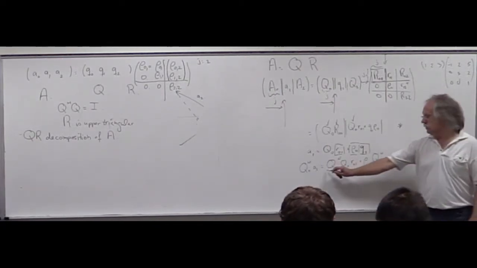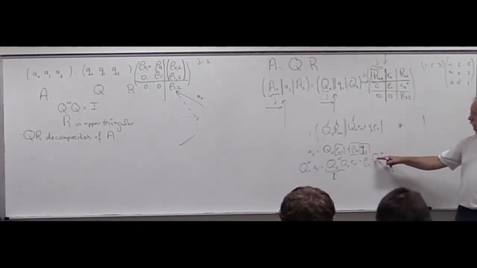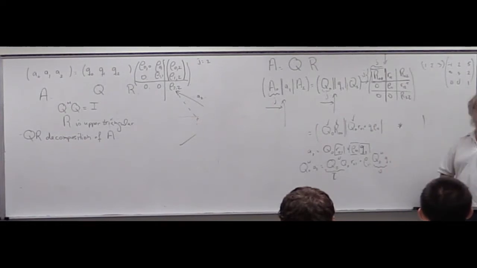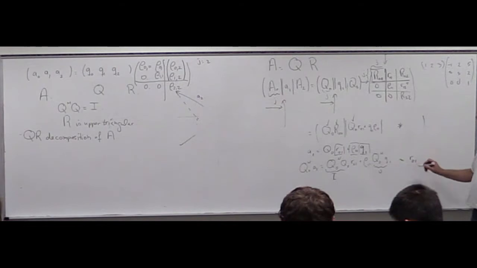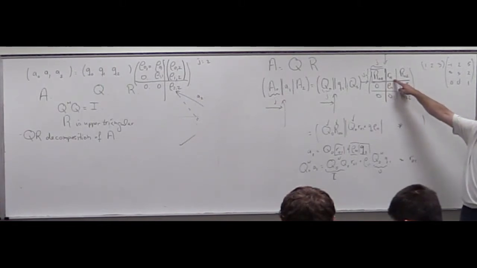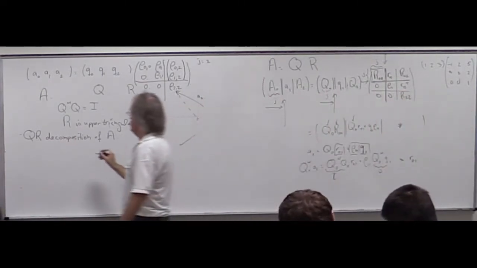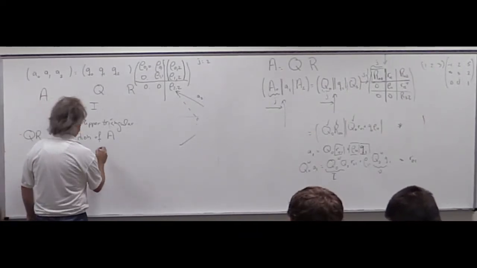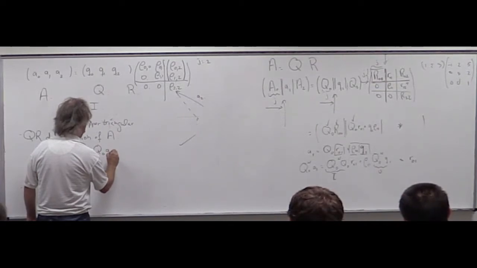Well, what do we know? This here is the identity. And we know that all of the columns of Q0 are orthogonal to Q1, and therefore this is the 0 vector. And therefore we know that this is just equal to R0,1. So we have a method for computing R0,1. And notice that that's one matrix vector multiply.